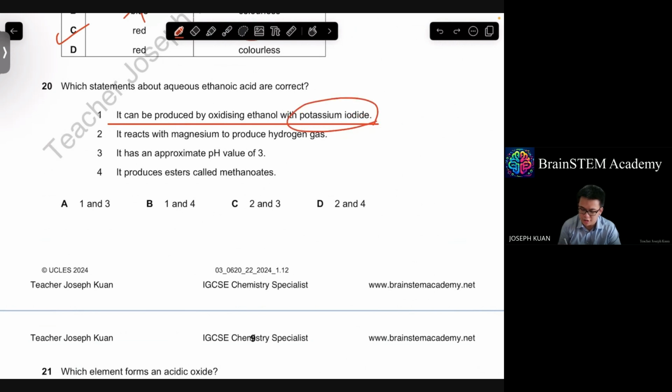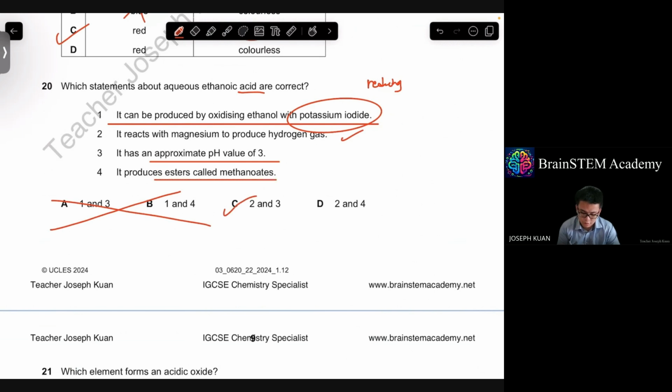It's a reducing agent. So 1 is wrong. It reacts with magnesium to produce hydrogen gas. That's a typical acid behavior. It has a pH value of 3. That's a weak acid. So 2 and 3 are correct. And esters, it should not form methanoates. It should form ethanoates.